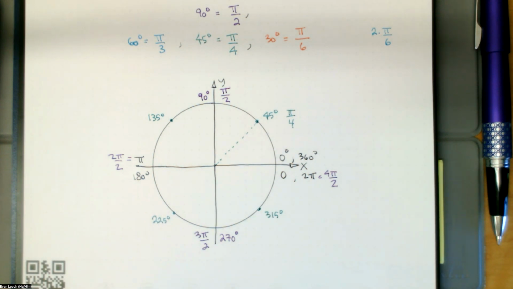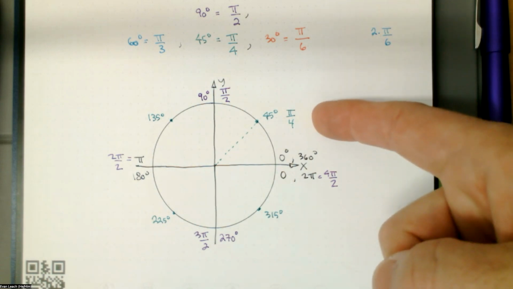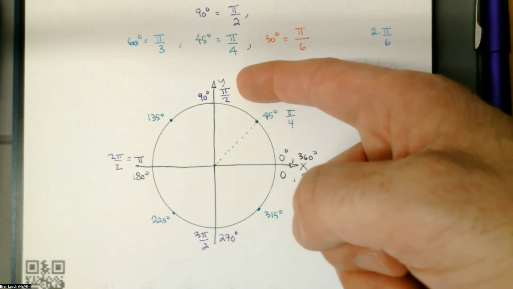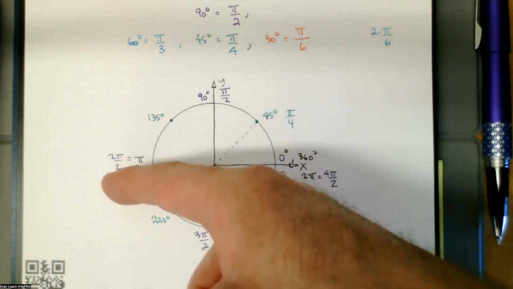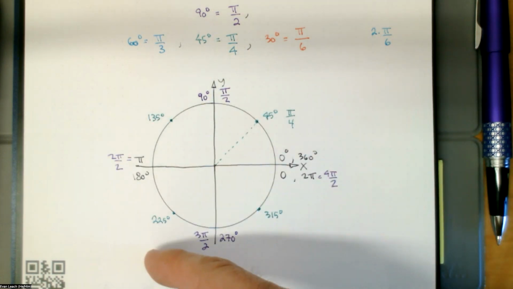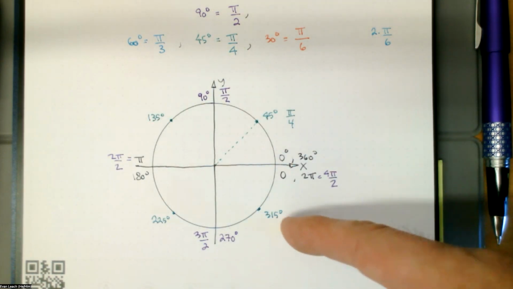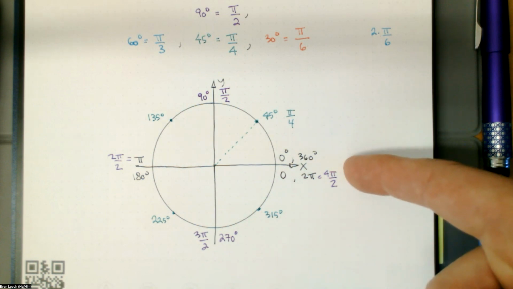Counting around in 45s. Now we're just going to replace the 45 with pi over 4 so we can count around in radians. So I got 0, 1 pi over 4, 2 pi over 4, 3 pi over 4, 4 pi over 4, 5 pi over 4, 6 pi over 4, 7 pi over 4, and 8 pi over 4.